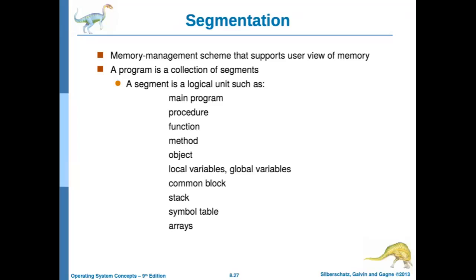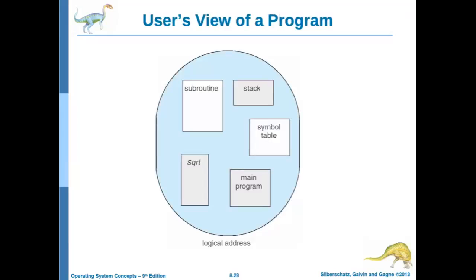Whenever it comes to object-oriented programming, the member functions are actually called methods. Maybe common procedures, the main function, classes and objects are there. So always think of a segment as a logical unit, and it could be any one of the things I just mentioned. If you imagine the program, the user's view of the program is something like this.